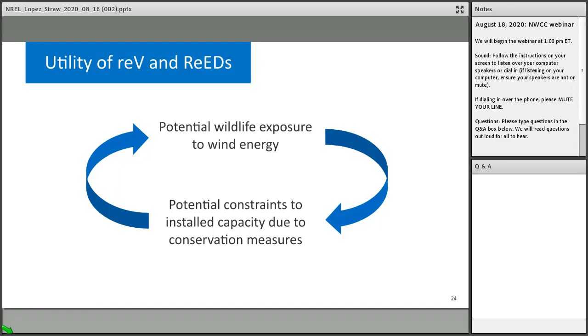Another perspective might be to seek to understand how wildlife considerations, regulations, and mitigation measures may impact installed capacity. So in essence, how do those translate into exclusions and could be incorporated into these models? But ideally, we want to look at both at the same time because the relationship here is circular and ever-changing.